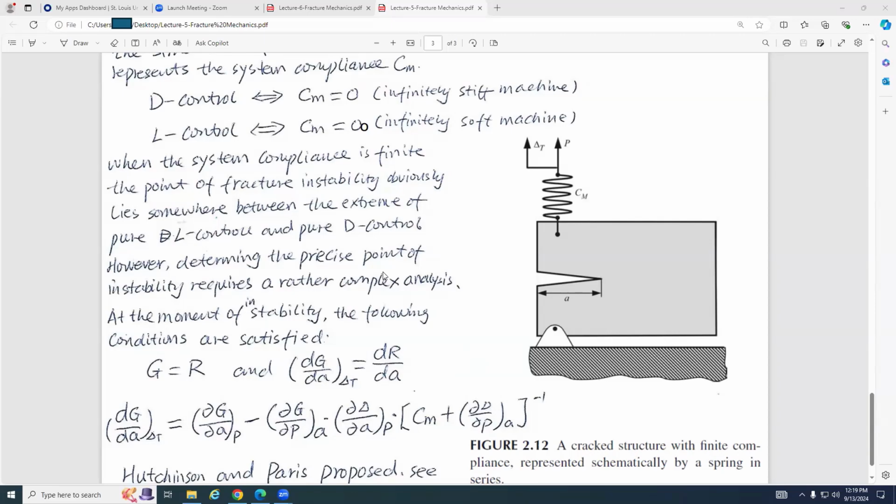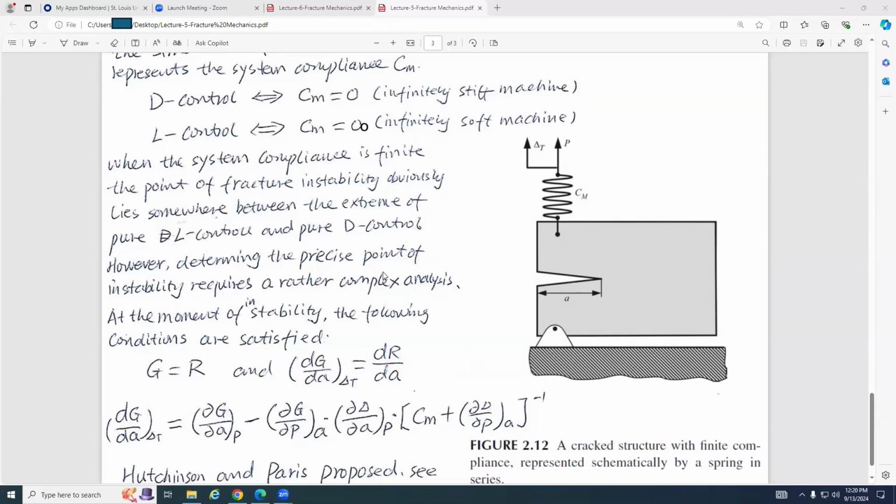At the moment of instability, the following conditions are satisfied: G equals R, energy release rate equals resistance, and dG/dA, the change of energy release rate with respect to crack length, equals dR/dA, the change of resistance with respect to crack length. This is given by an equation involving dG/dA at constant P minus dG/dP at constant A times a compliance term.